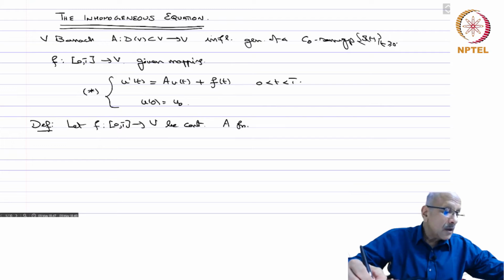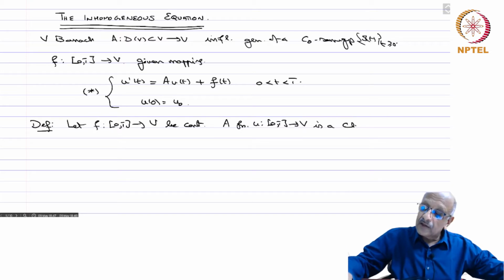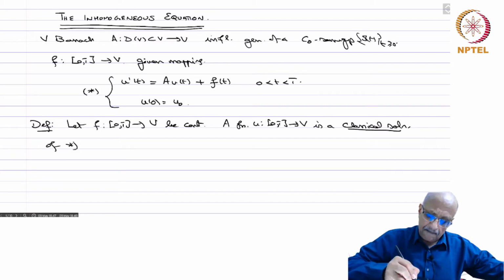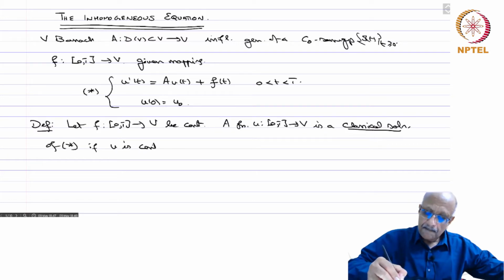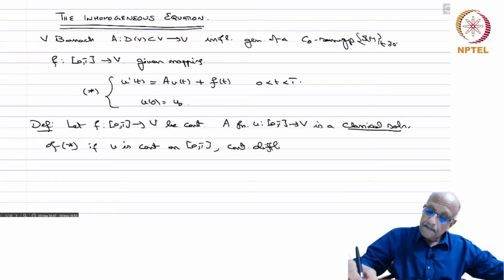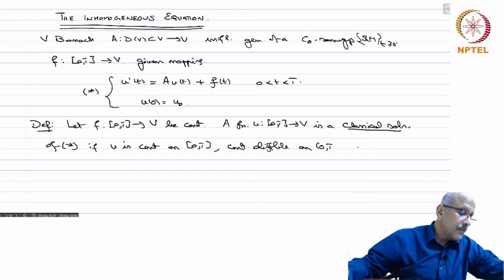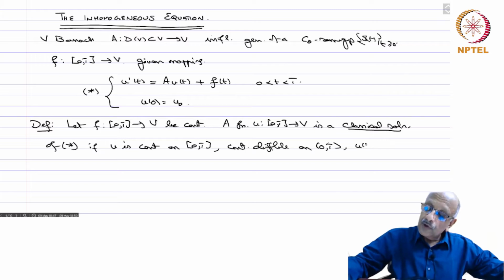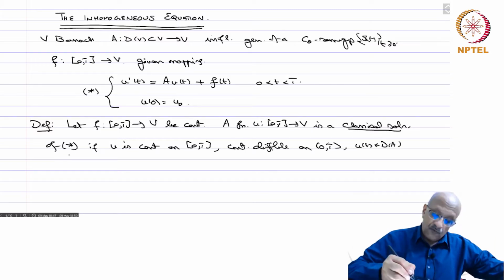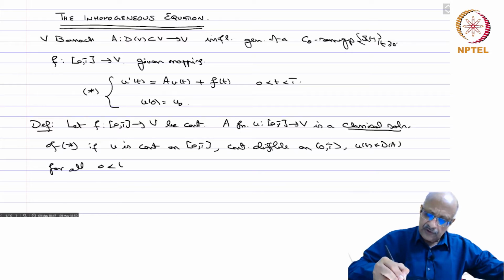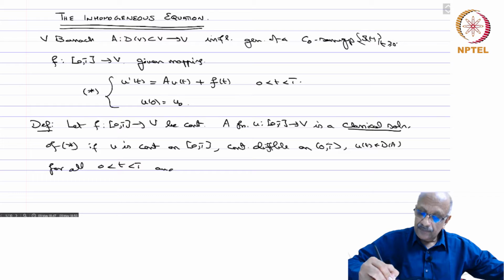A function u from [0, T] to V is a classical solution of (star) if u is continuous on [0, T], continuously differentiable on the open interval (0, T), u(t) belongs to D(A) for all 0 < t < T, and (star) is satisfied.